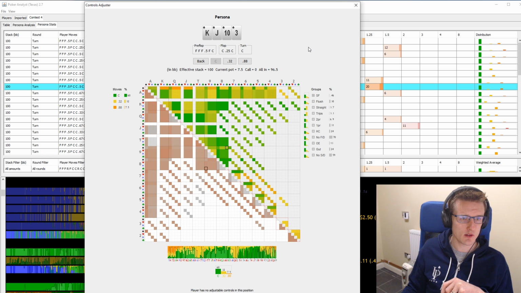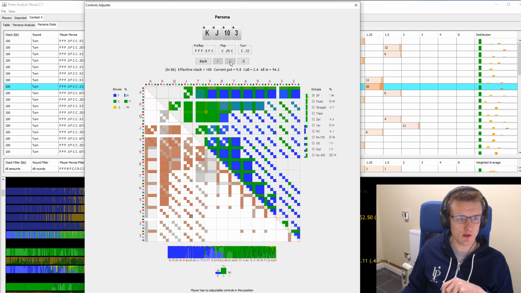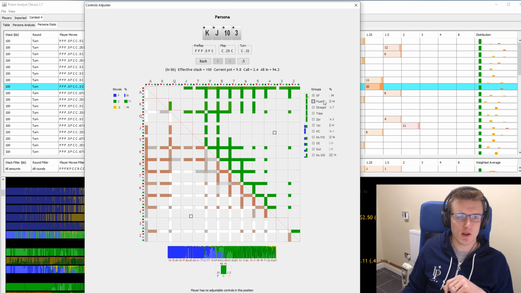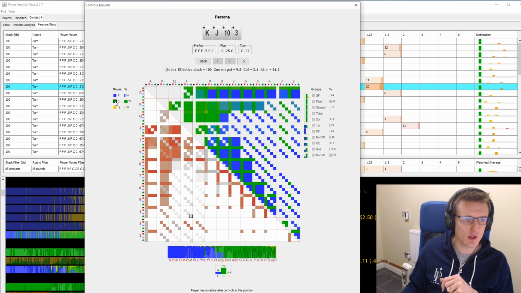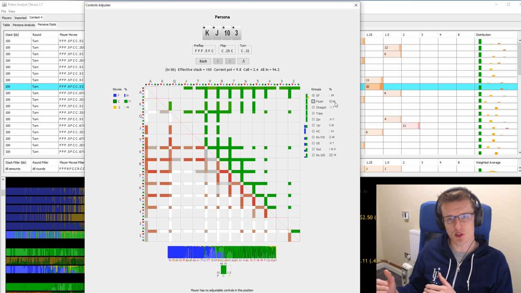If we just keep looking at this particular example, if we use this small bet, we look at our opponent's range here. Before our opponent's acted, 44% of their range is a flush. After we've bet and they're folding a bunch, they're not going to be folding any flushes. If we hover over their call range, we can see that 60% of their call range is a flush.